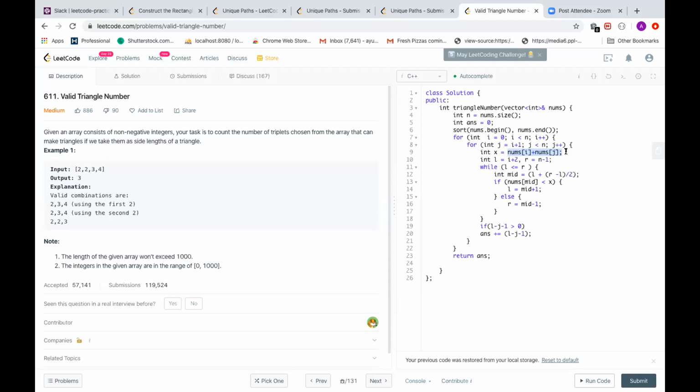Suppose I chose two indices A and B. Then A plus B must be greater than C, right? To choose the C element, I used binary search, and based on that I chose the first index which will be greater. Then all the elements after it will be greater, and simply I computed this from that.